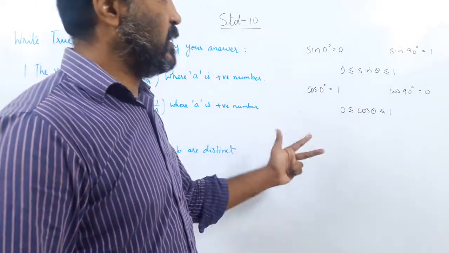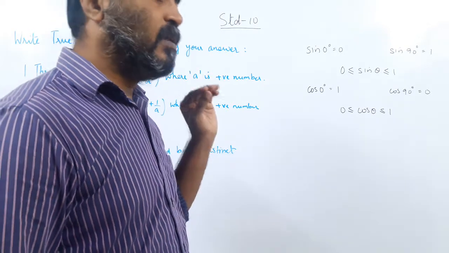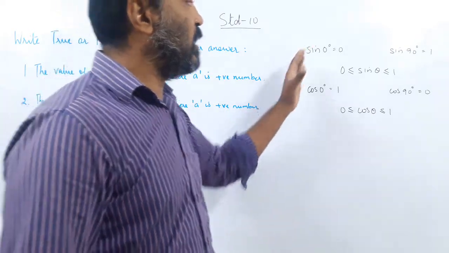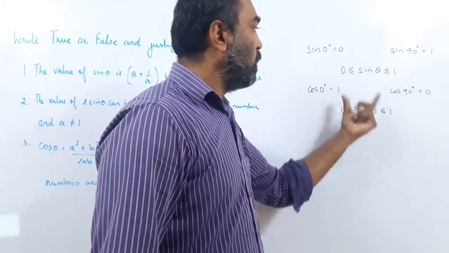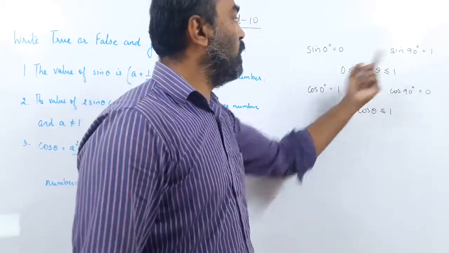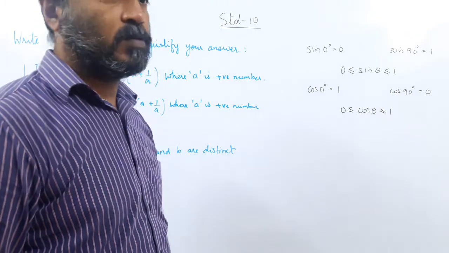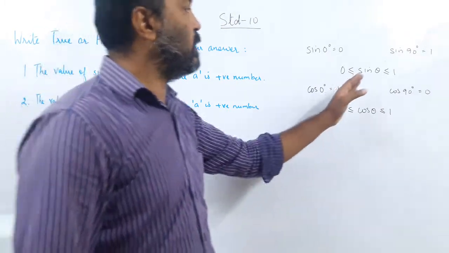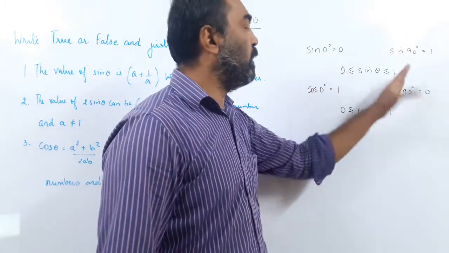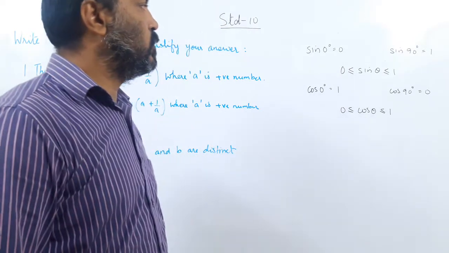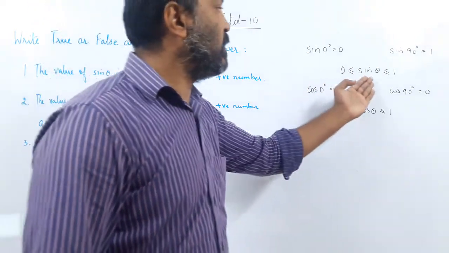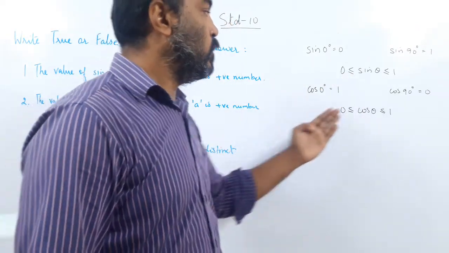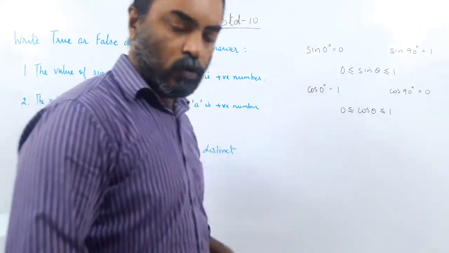Tan, cot, sec, cosec can take any large value, but sine and cos lie between this range only. For all the angles between 0 and 90 degrees, sine and cos cannot be lesser than 0 and cannot be greater than 1. In the future standards you will learn that sine can have a negative value also, cos can have a negative value also.